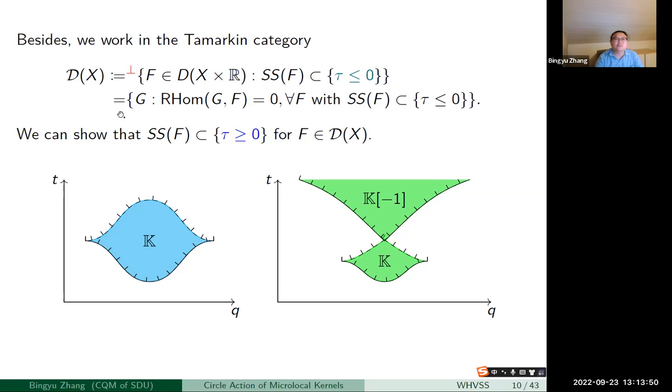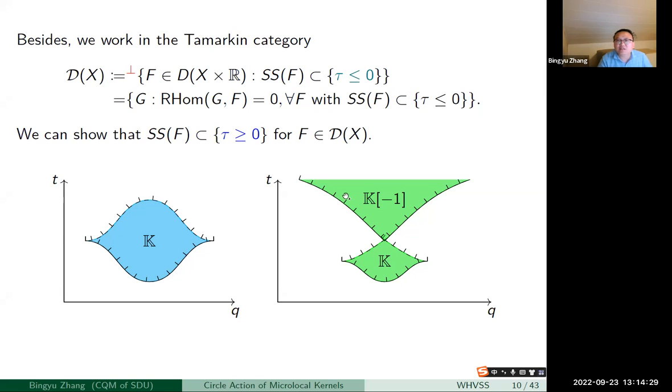Then, using the idea of Chiu-Tamarkin, we consider the left orthogonal complement of sheaves with microsupport in the negative direction, so in this way we mimic sheaves with microsupport in the positive direction. Here positive means strictly positive. One can show that if we have an object in the Chiu-Tamarkin category, even though we cannot prove it is strictly positive, at least it is non-negative.